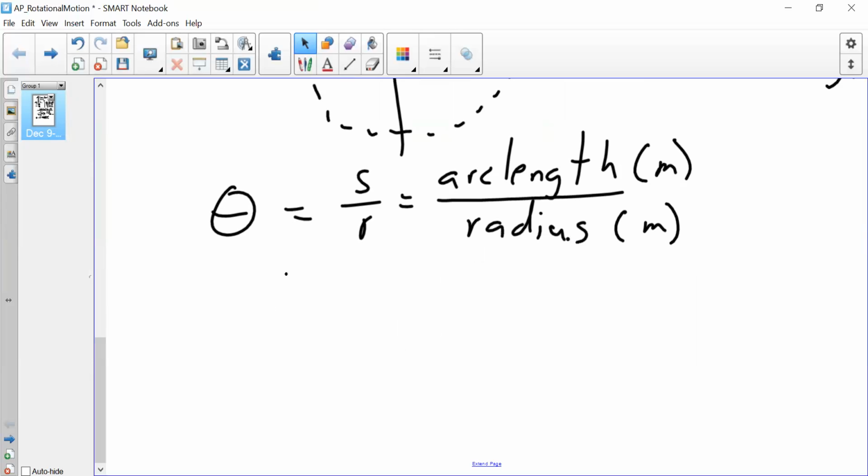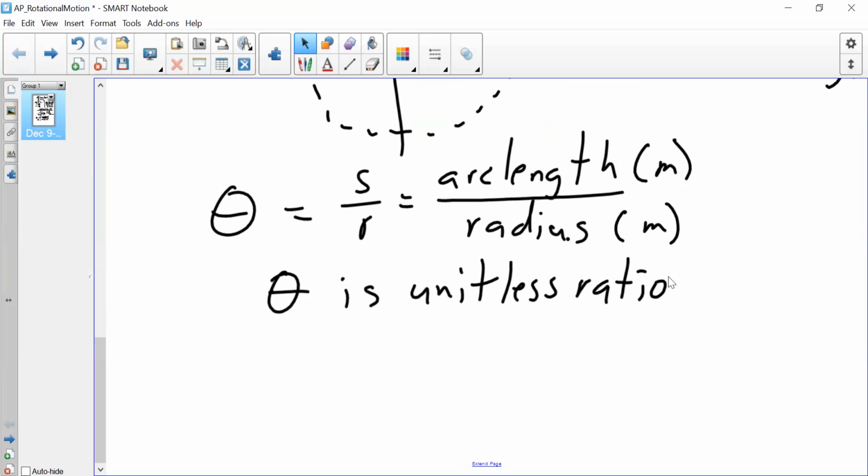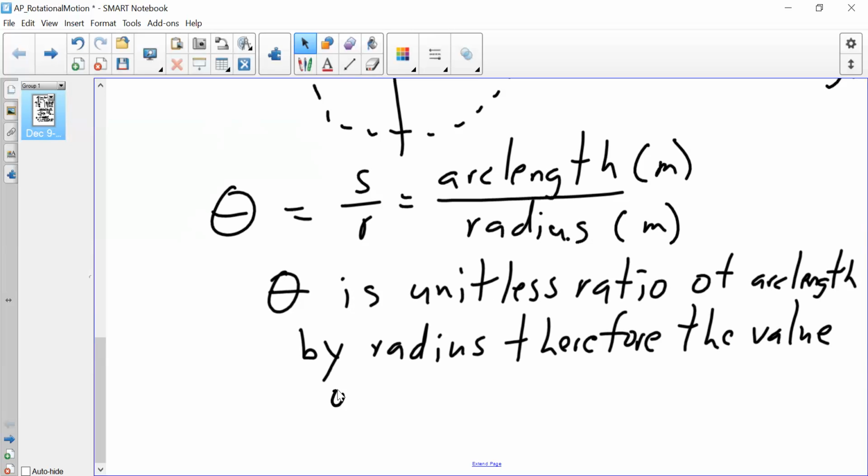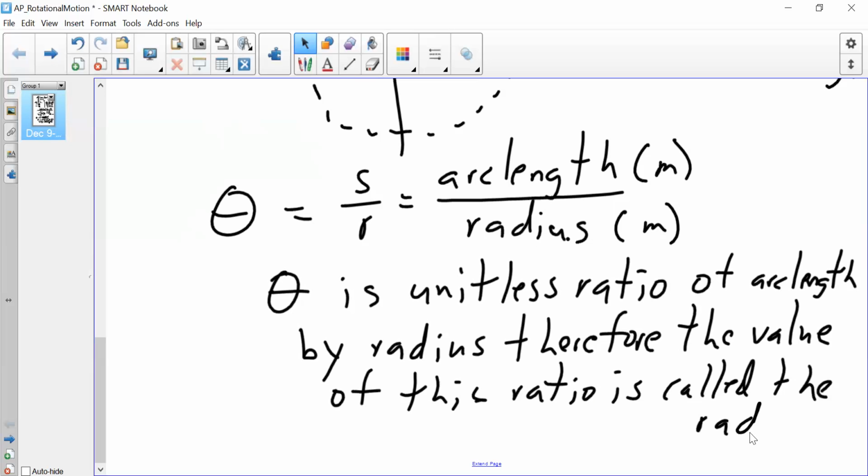So just to write that out. That's something you should have already seen a lot of times in your math classes. If not, that's what the radian is.